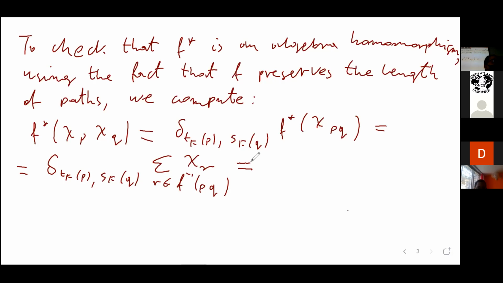I claim, and I'm going to explain why it is the case, but let me write it down first, that this is the double sum over R1 running in the preimage of P and R2 running in the preimage of Q. And here I put Kronecker's delta, but in my graph E, so it will be TE of R1, SE of R2.